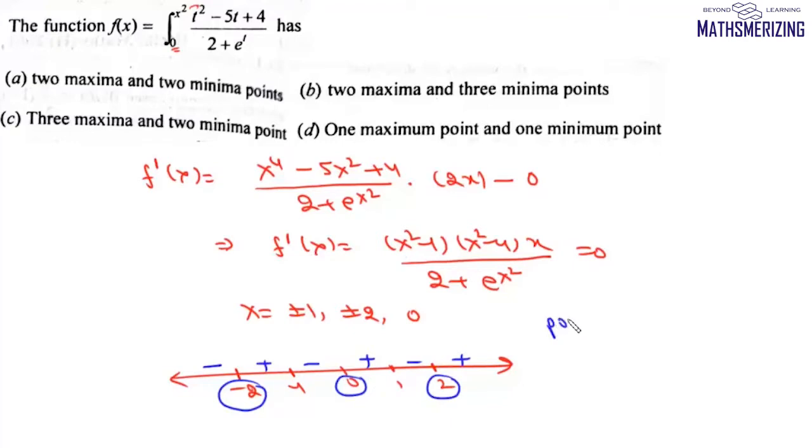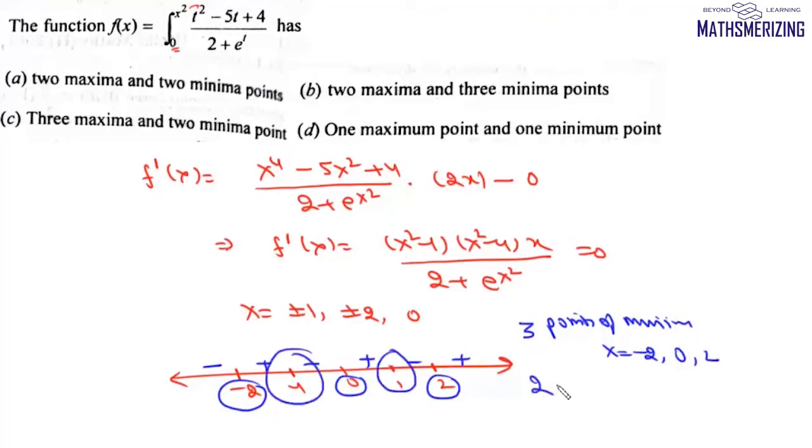So we have 3 points of minima, and there x equals −2, 0 and +2. And we have 2 points of maxima, and there x equals −1 and x equals +1. So this function will have 3 points of minima and 2 points of maxima, and that's your option B.